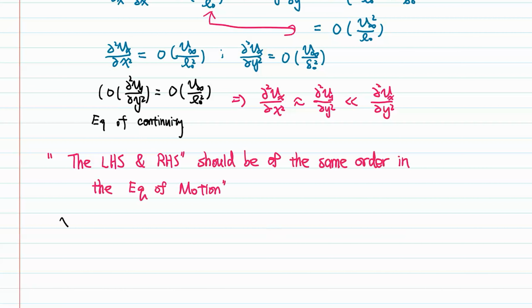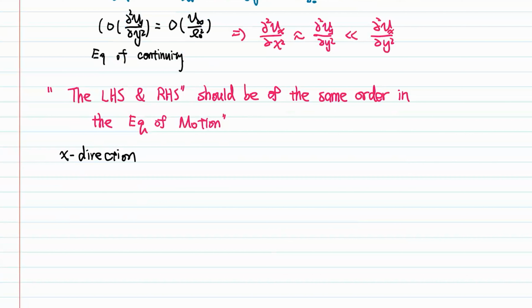So if we look at the x direction first, we can now see the left-hand side, which would be what? The left-hand side is Vx partial Vx partial x plus Vy partial Vx partial y.